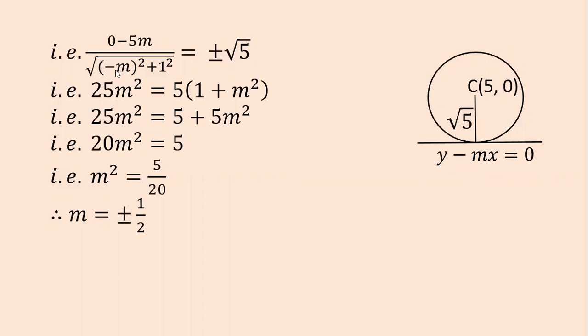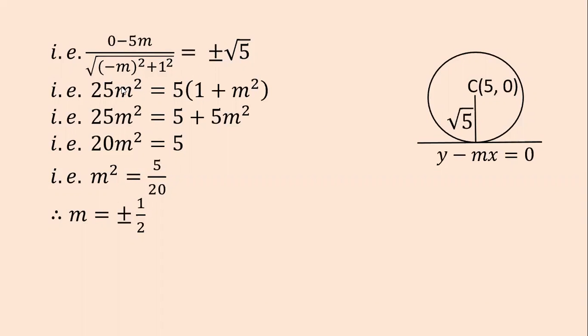That is, the coefficient of x is minus m, squared, and the coefficient of y is 1, squared. And this is equal to what? The radius of this circle. As I did not put the modulus sign here, I used plus minus.